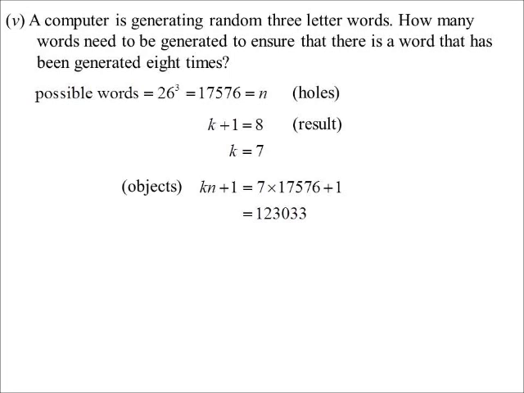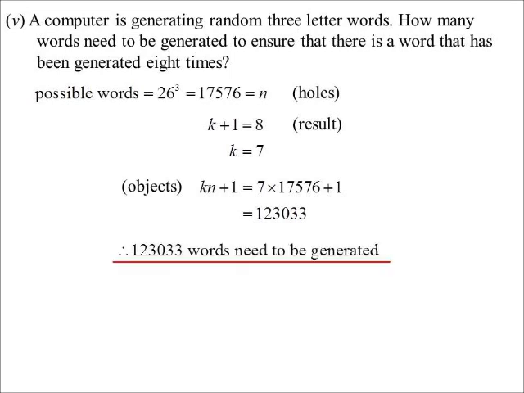So it'll be 7 times 17,576 plus 1. So if we generate 123,033 words, then we can guarantee that one of those words must have been generated 8 times. So there's our answer. 123,033 words need to be generated.